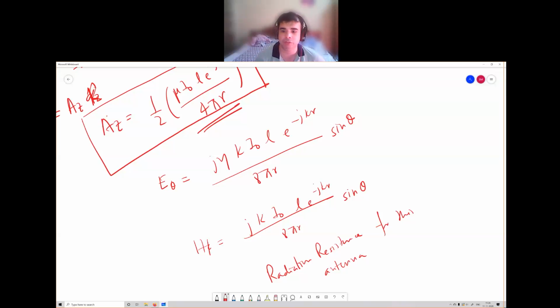What will be the directivity of this antenna?